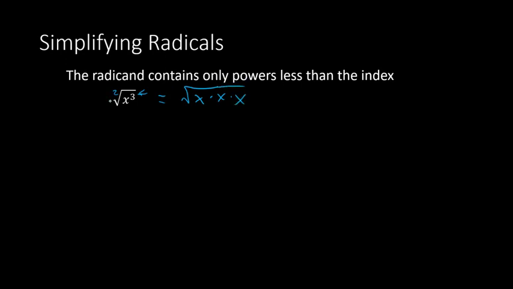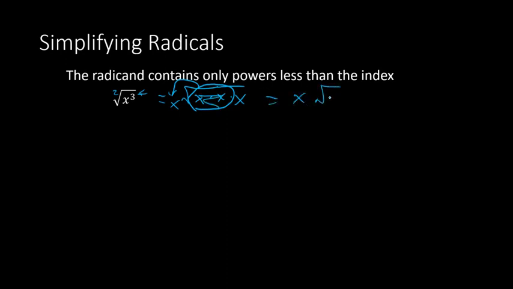And then whatever the index is, you're going to look for groups of that number of items. The index is an assumed 2, it's a square root, so we're looking for groups of 2 items. Here's a group of 2 x's, which means for each group we pull out one of those. So we pull out one x, and you're left with an x on the inside.